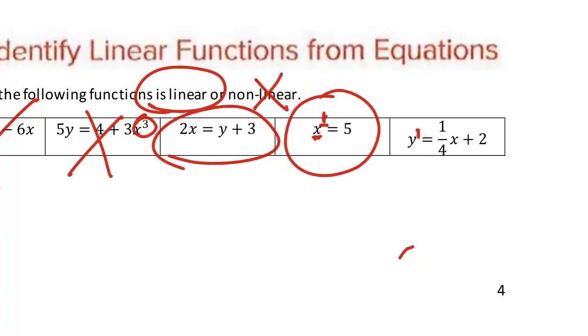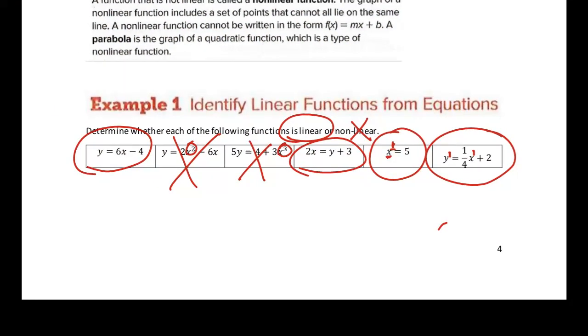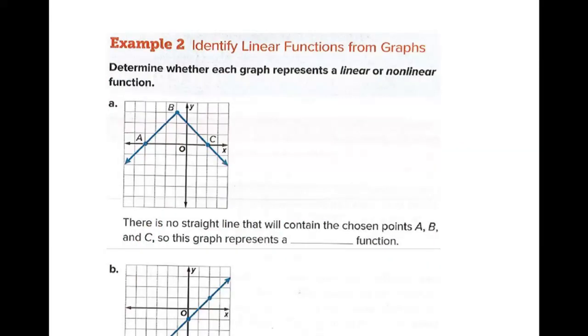Should be a 1, right? What's the exponent on the x? 1 also. If it's only a 1, it's got to be linear. Okay? Questions on that? If this was on a skills check, do you think you would understand that? It's got to be a 1. If it's not 1, it's not linear.